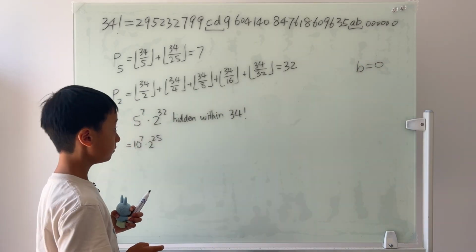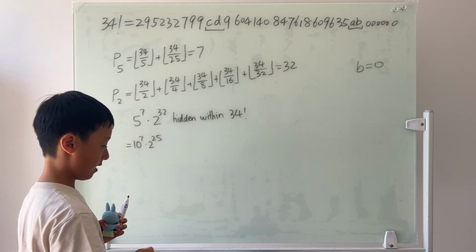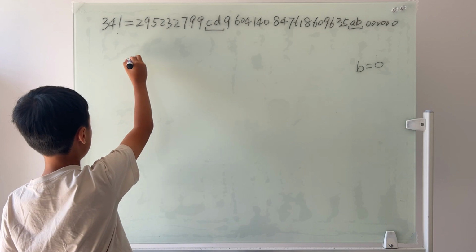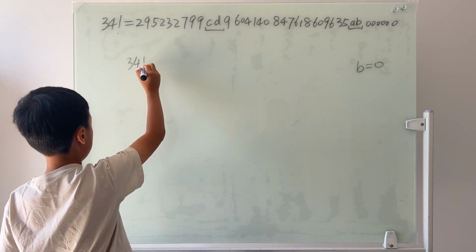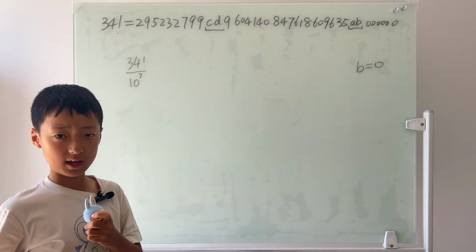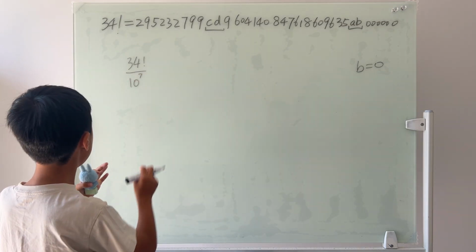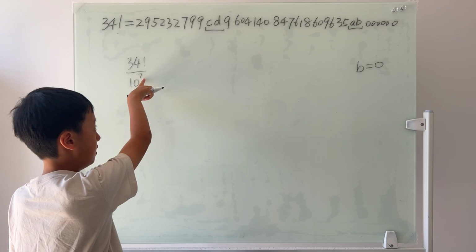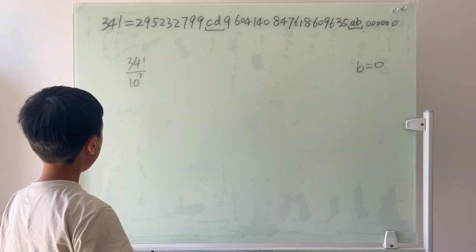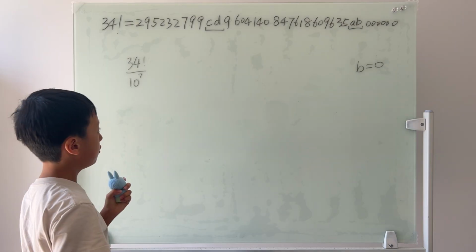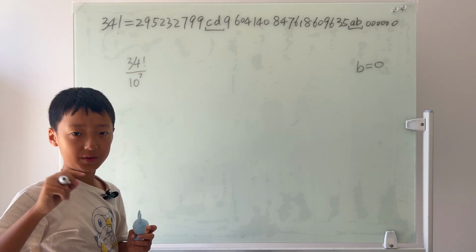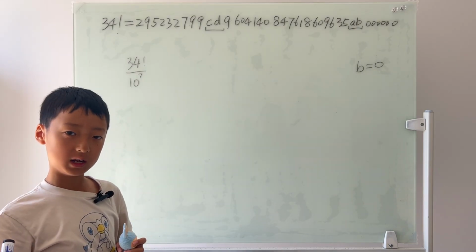Okay. Now we have to figure out A. Now let's consider 34 factorial over 10 to the power of 7. Once we divide it by 10 to the power of 7, those zeros are gone, including B. And remember when I said that this number has a 10 to the power of 7 and a 2 to the power of 25 in it?